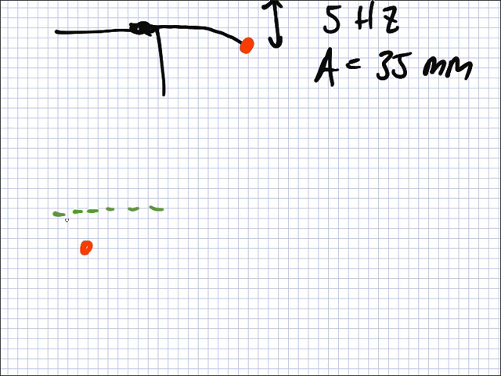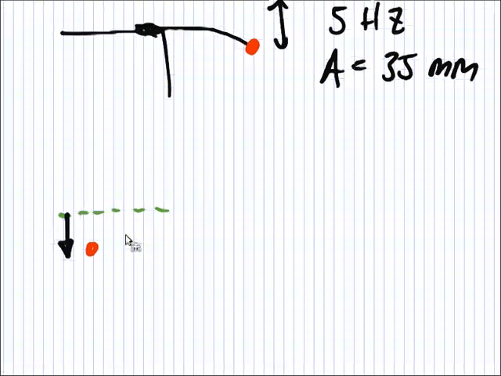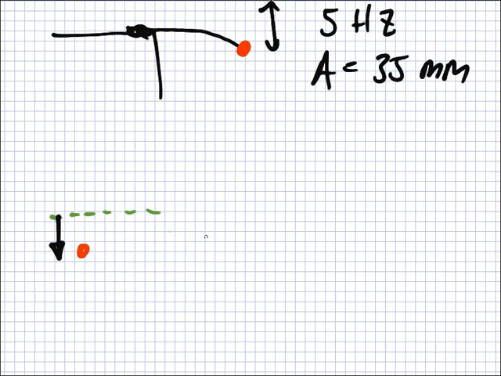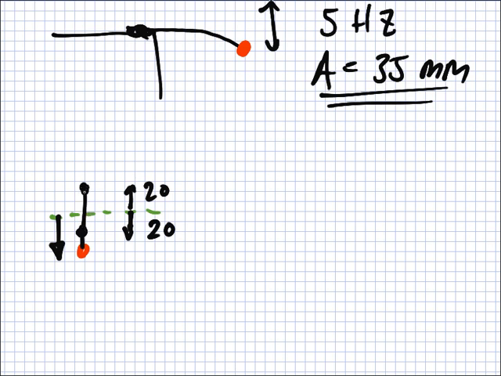So at the beginning, its amplitude is 35 millimeters. It will go up, and we want it at the distance of, what did they say, 20. 20. And then we want to know the time it takes to get to plus 20. And then we can subtract the two to get the time it takes to go from here up to here.